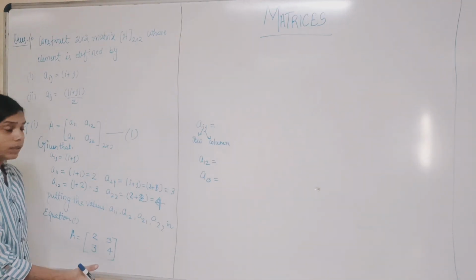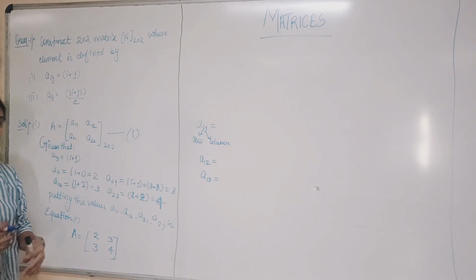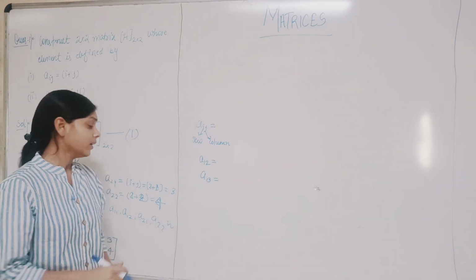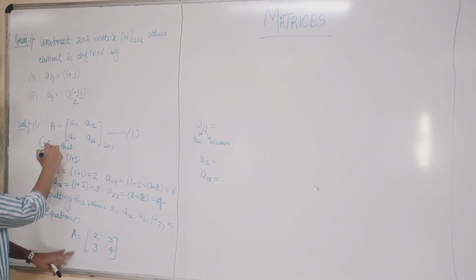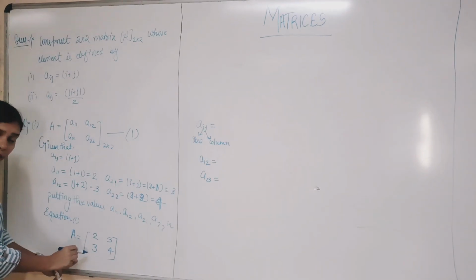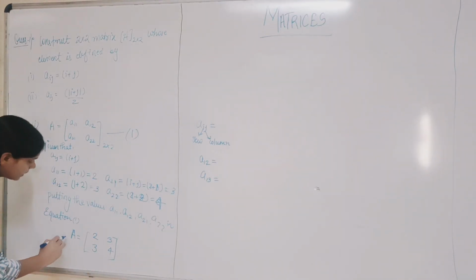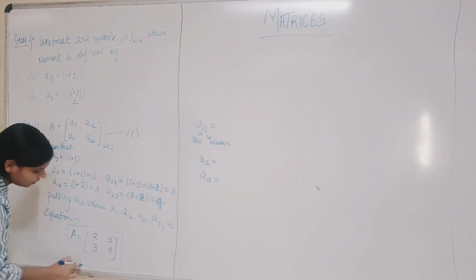Our purpose is to find only the matrix, nothing else, right? So we can take A11, A12, A21 and A22. Okay, this is the answer of the question.